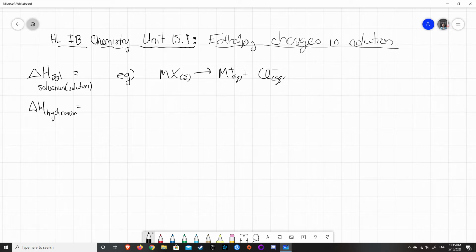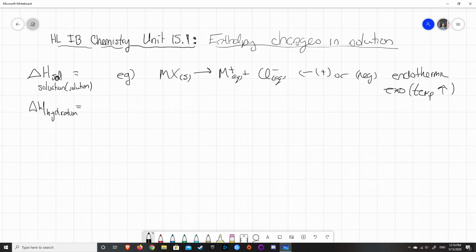That's why I like it, because now it's solvated, and this can be positive or negative. So it can be endothermic, where the temperature of the solution will decrease when we dissolve it, or it can be exothermic, where the temperature increases. So this delta H of solution, or solvation, can be positive or negative.